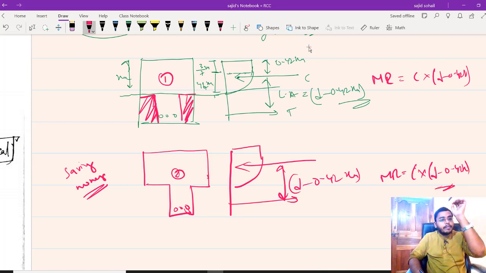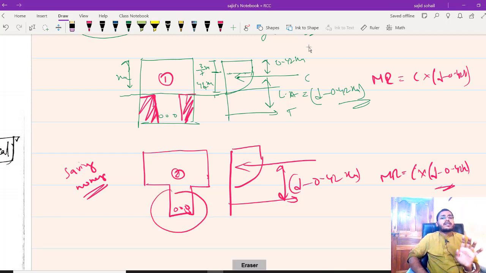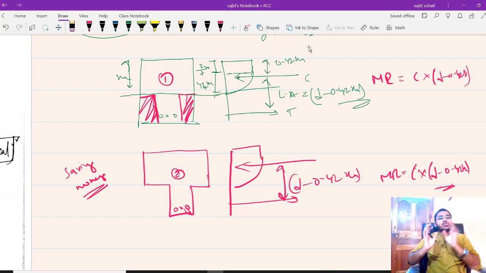Agreed? So we are keeping concrete only such that it can hold my steel bars, that's it, and the steel bars will take care of tension. That is the only reason why we are using the steel bars. So what I am doing, I am saving money by shifting my rectangular beam to my flanged beam.